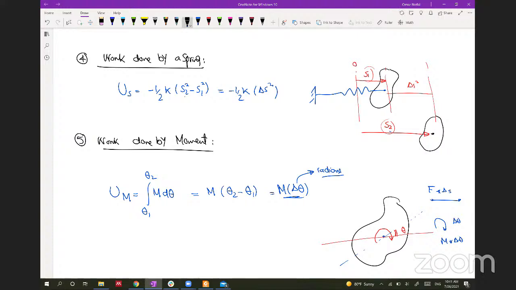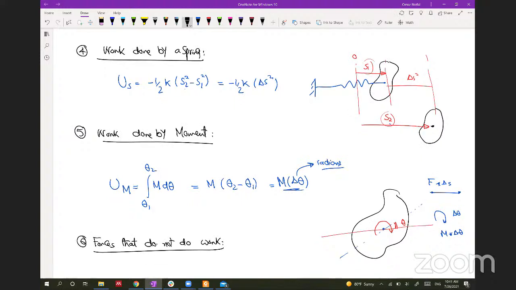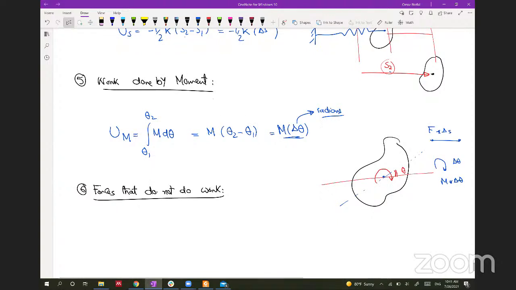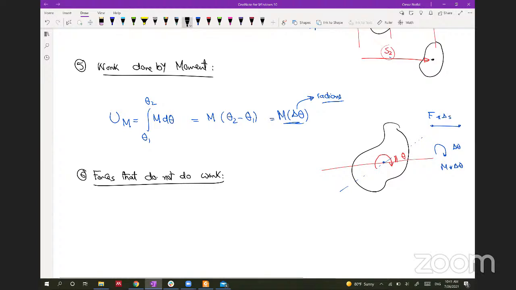So let's see what forces do not exert any work. Number 6, forces that do not do work. As we know from the last time, the weight of a body while it moves on a horizontal surface, okay, so actually let's make it clear like what we did before.